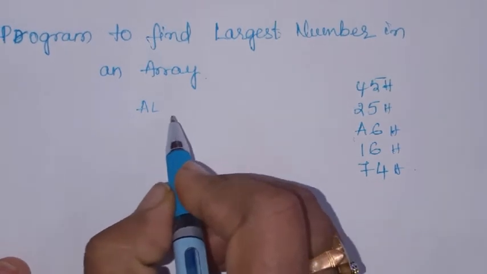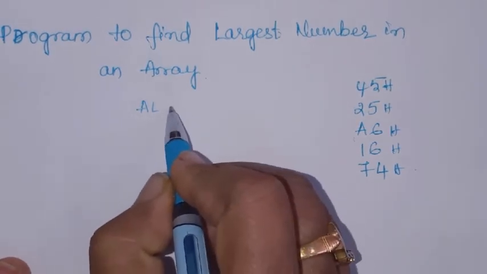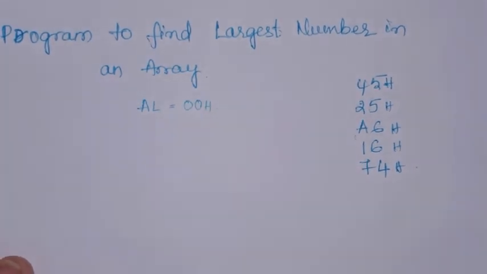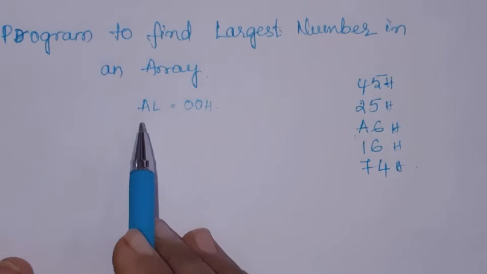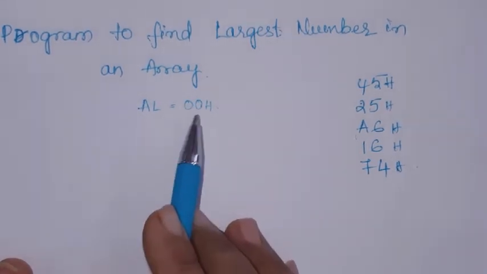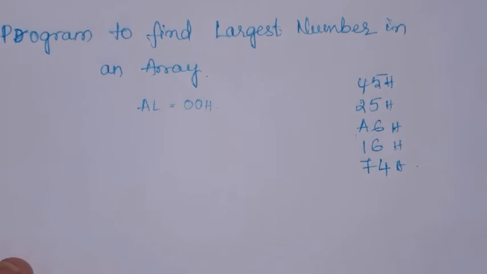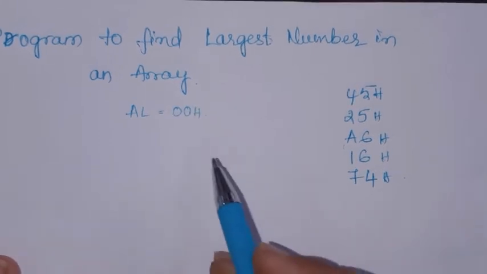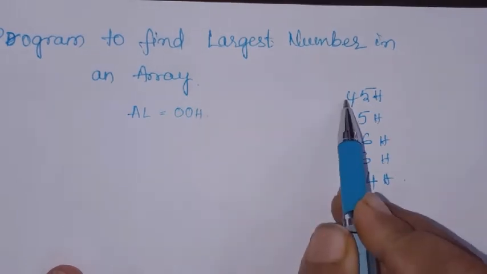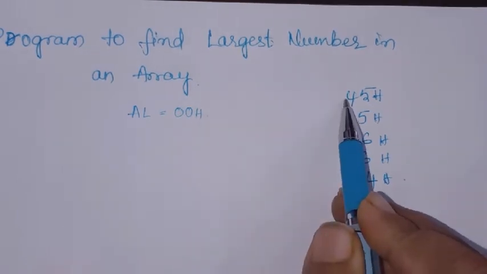we'll have to initialize a register with the smallest 1 byte number, that is 00H. Let us take AL as the register. We initialize the AL register with 00H. Okay, then we'll compare this 00 with the first element of the array.